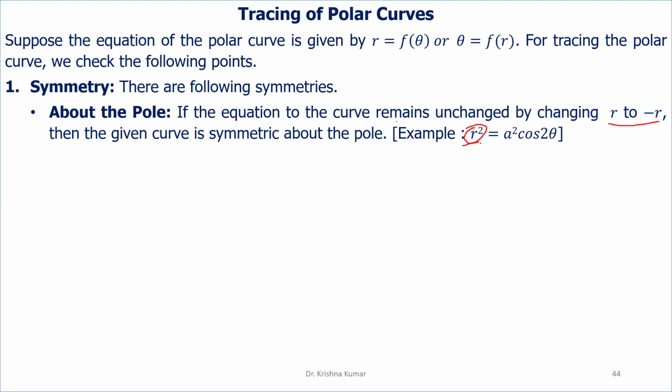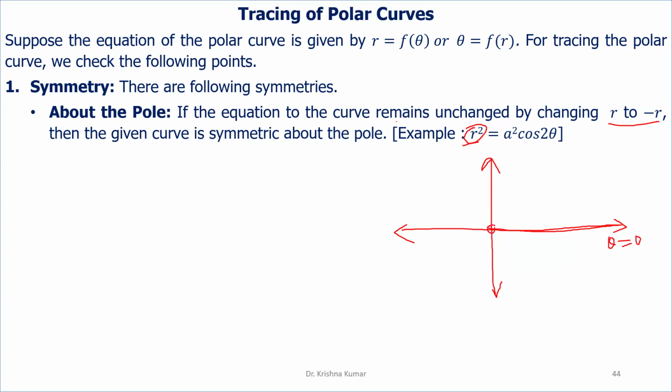The first very important point is, in case of a polar curve, we don't say x-axis and y-axis. Here we will say this part is called the initial line, theta equal to 0. Means the x-axis is called the initial line.